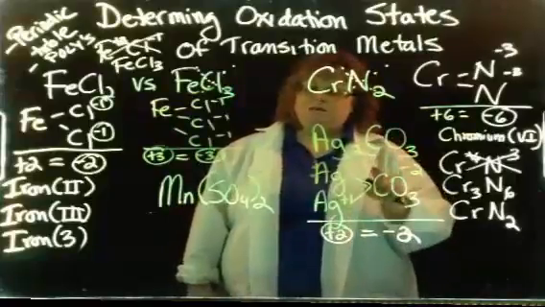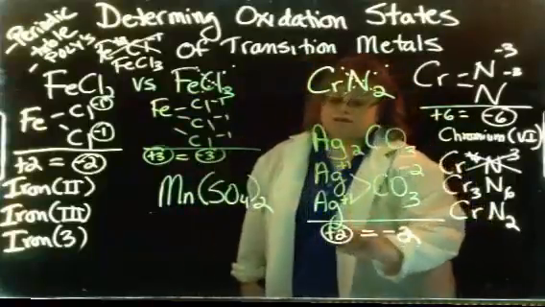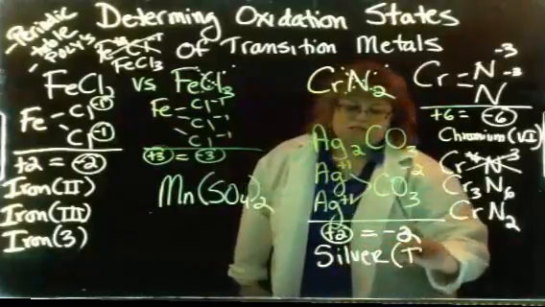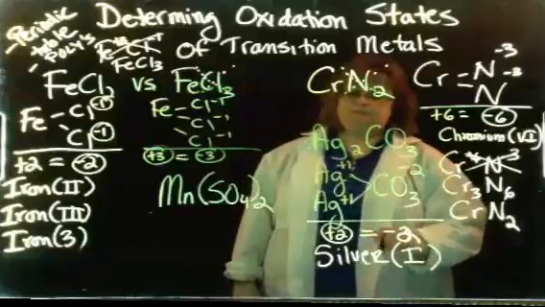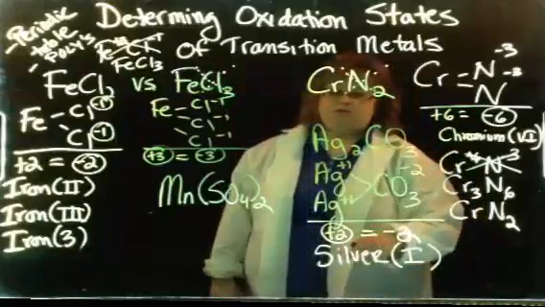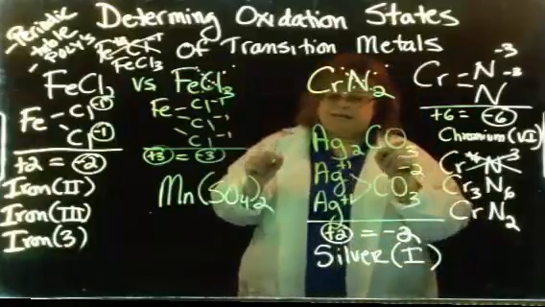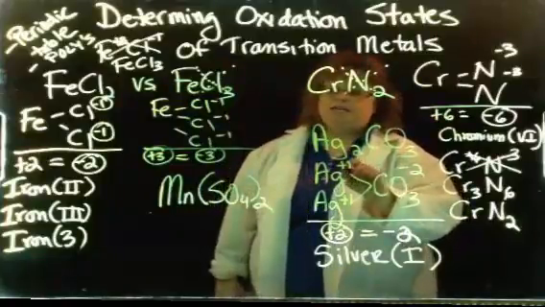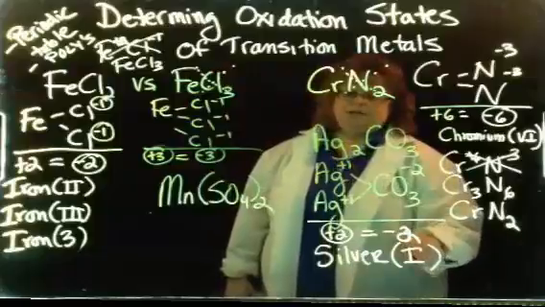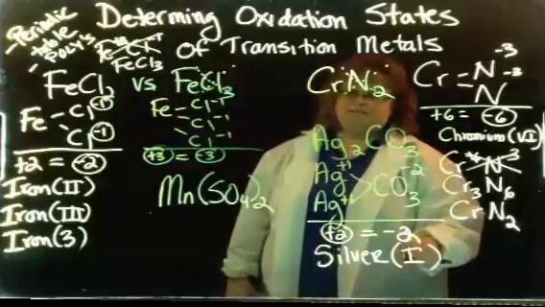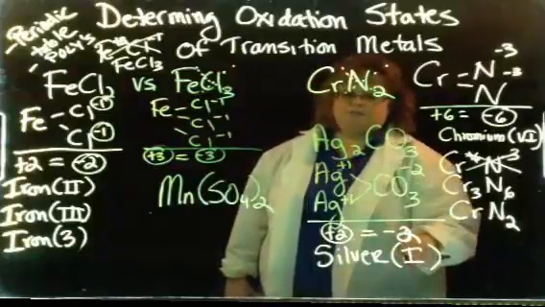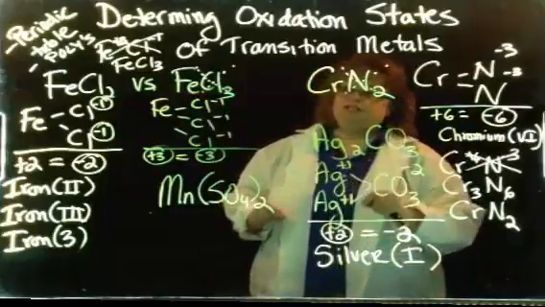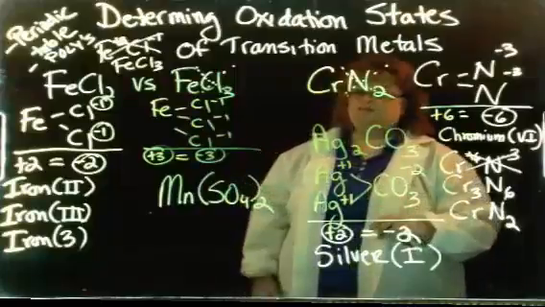But when I'm naming this compound, it's going to be named as silver, and in parentheses I put a I. I understand they add up to a +2, but if I peeked inside this compound with a microscope, I would notice that each silver has a +1 charge on it. So that's what's being expressed in here. Not the total charge, but what each charge is on the transition metal. So that would be silver(I).